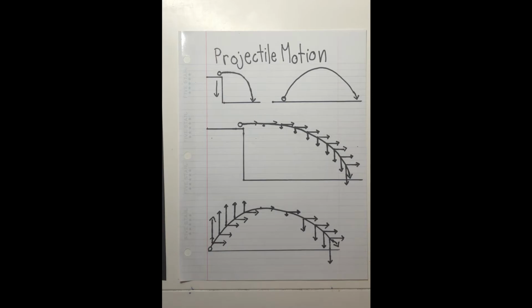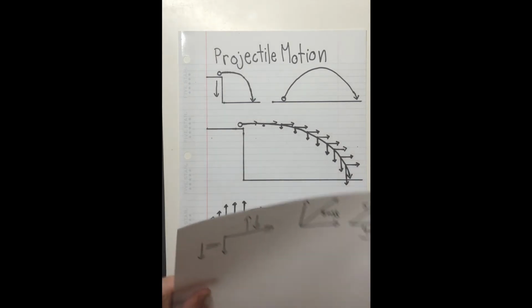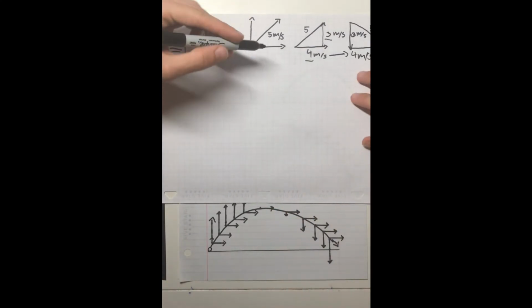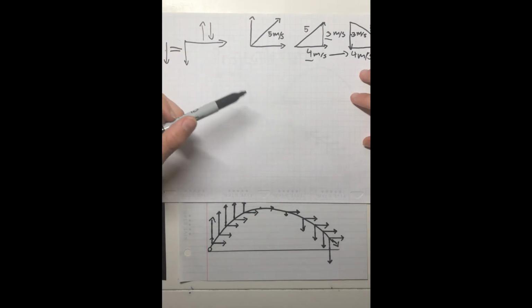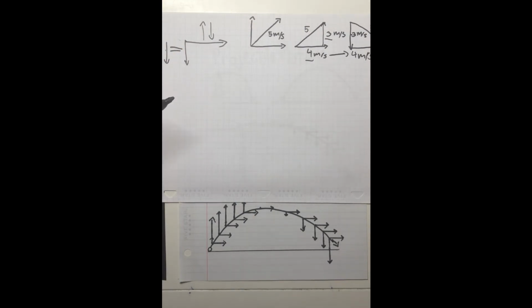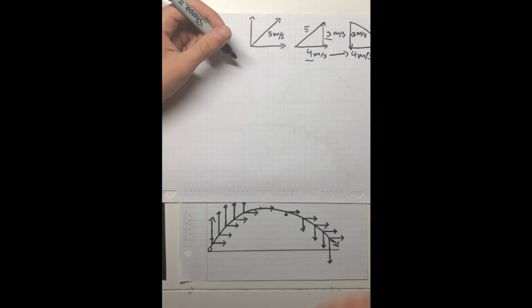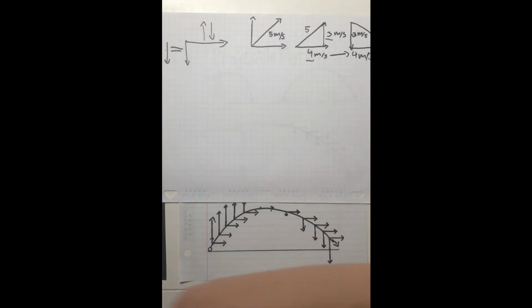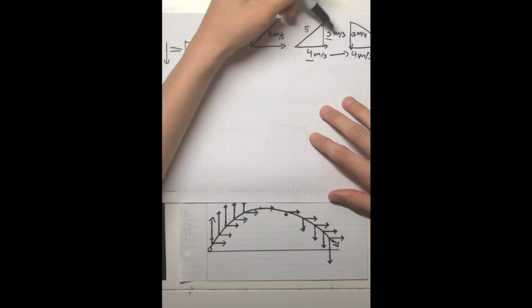So another possible thing that would happen would be, okay, let's go back to this idea right here. Let's say the ball is thrown at 5 meters per second upwards, and it wants to know how long is this going to take to hit the ground? What you can do is, first of all, we're going to find the y value.